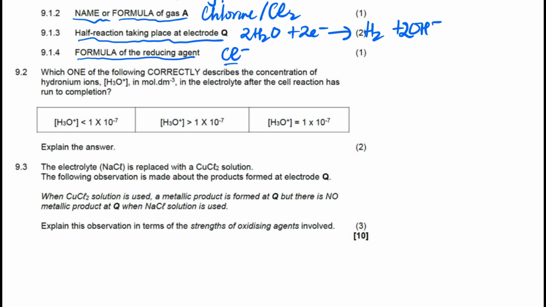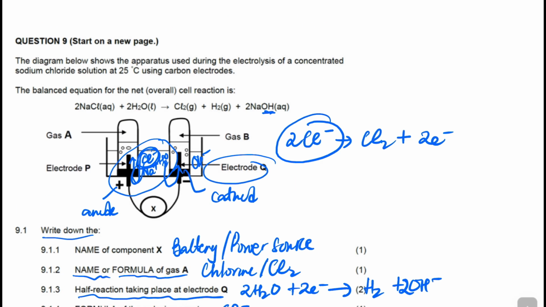That's the one. It says which one of the following correctly describes the concentration of hydronium ion in mol per dm3 in the electrolyte after the cell has run to completion.